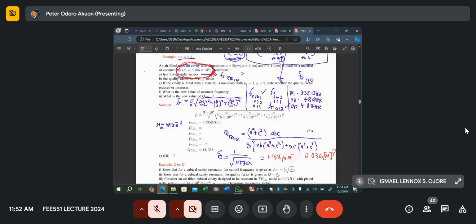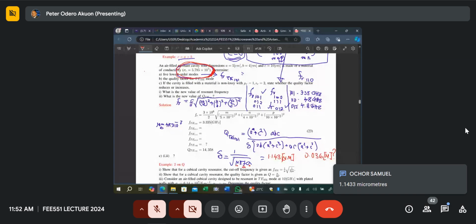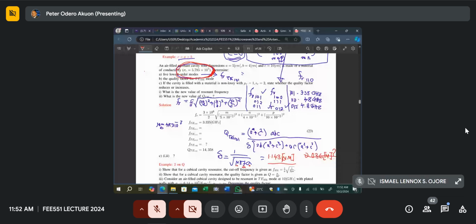Something to do with micros. Yes, it's 1.14 micrometers. So this is correct. All right, okay, good. Thank you.